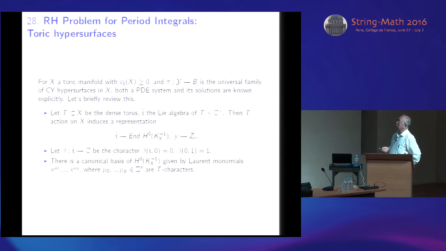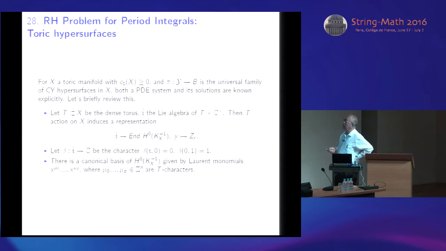So we don't have to restrict to toric manifolds, but let's start here with a toric manifold with first Chern class non-negative. And then we look at the universal family of Calabi-Yau hypersurfaces in X. So in this case, the PDE system and its solution are known explicitly. So let's take a look.